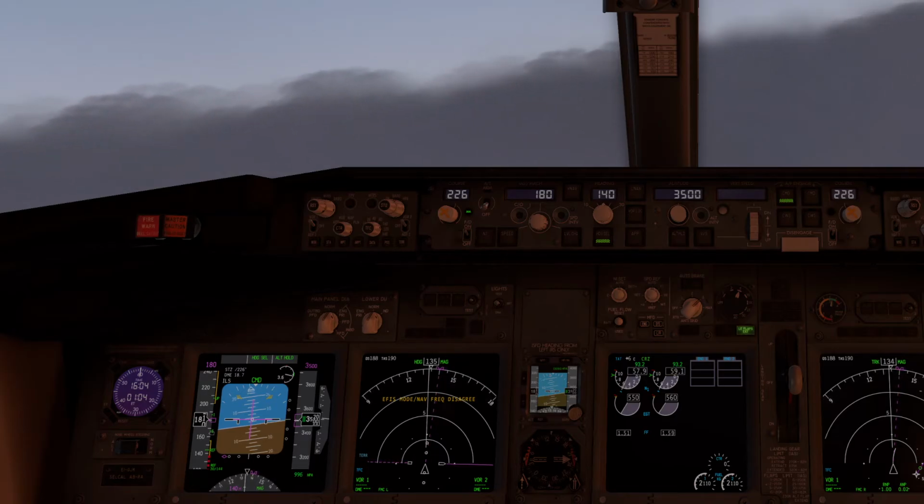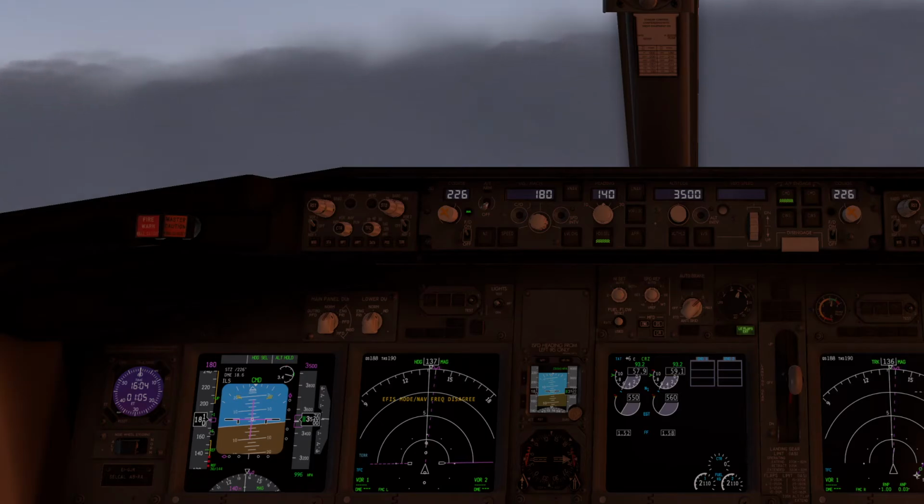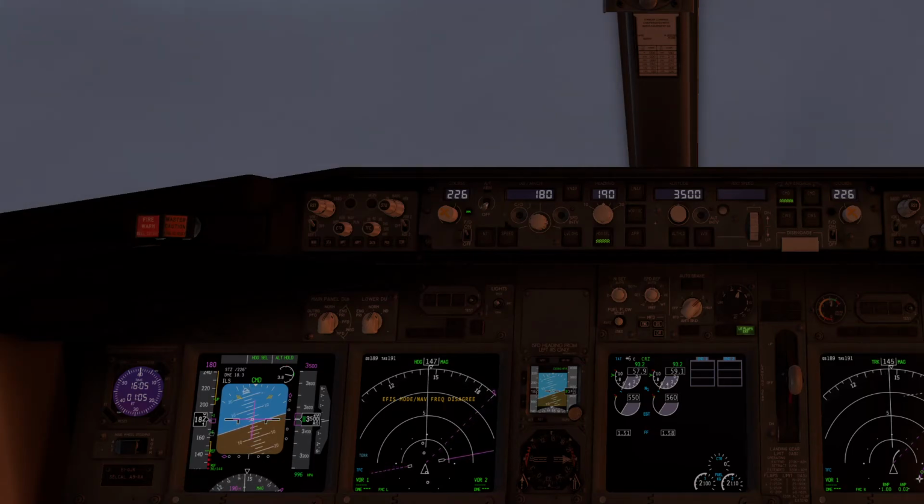So 3,500 feet, speed 180 knots. Turning right, heading 190 to intercept ILS runway 23. DME 18.1.